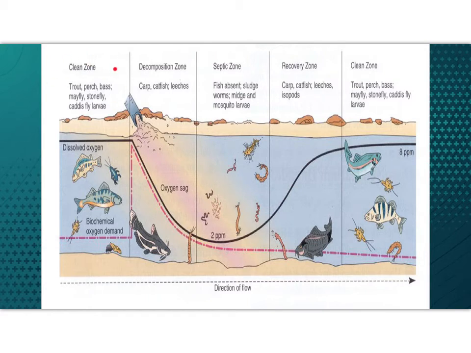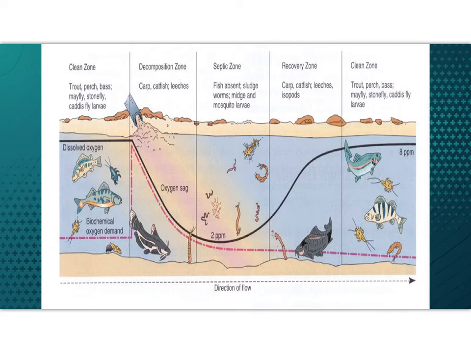In a decomposition zone, you can see that there is some sewage coming into the water here. We end up with carp, catfish, some leeches, and we see the dissolved oxygen level go down quite low. In this low zone, we're finding not even fish. We're really just finding the worms, midge larvae, and mosquito larvae growing there.